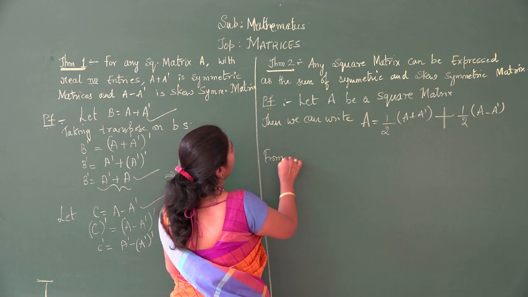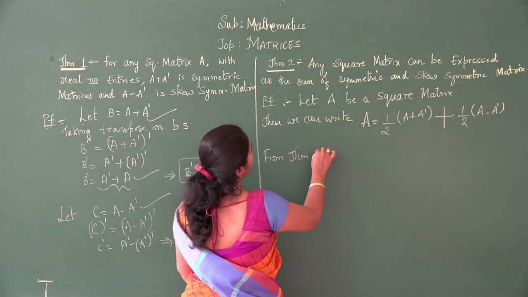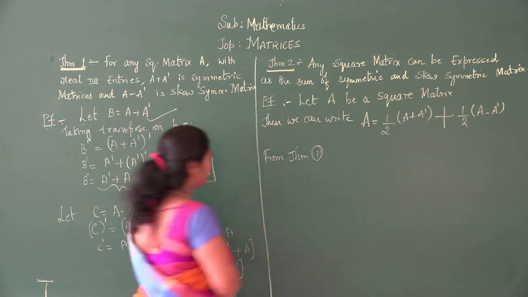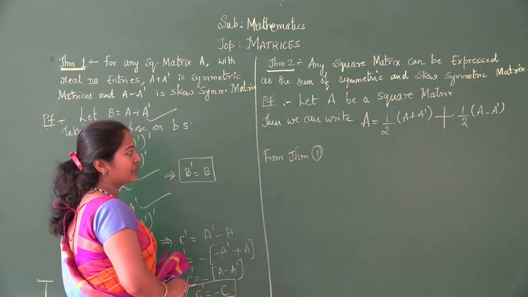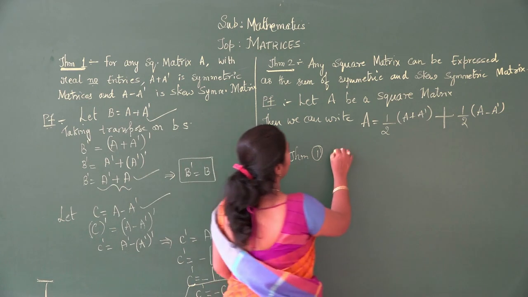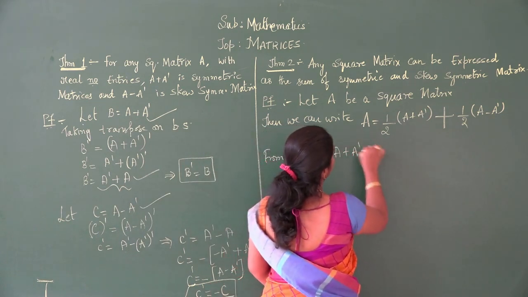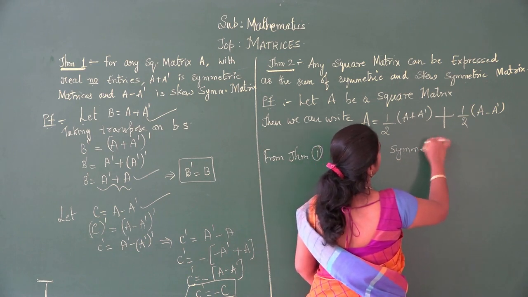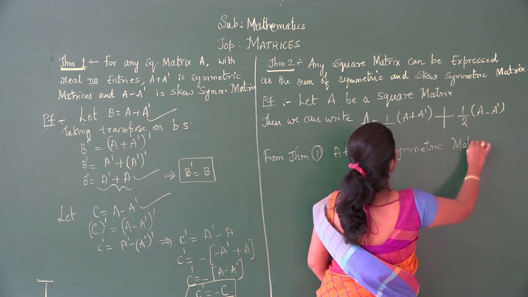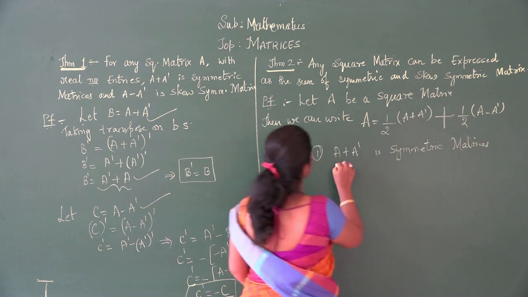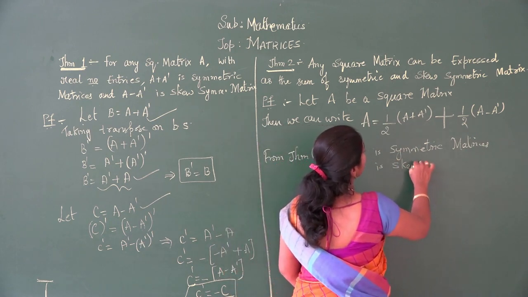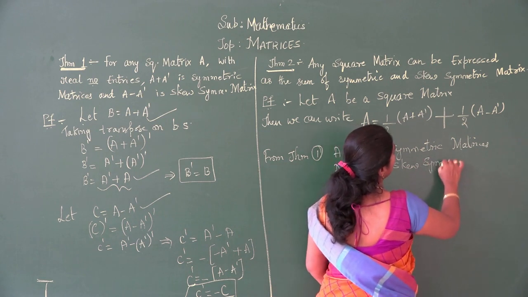From theorem number 1, we know that A plus A dash is symmetric and A minus A dash is skew symmetric.